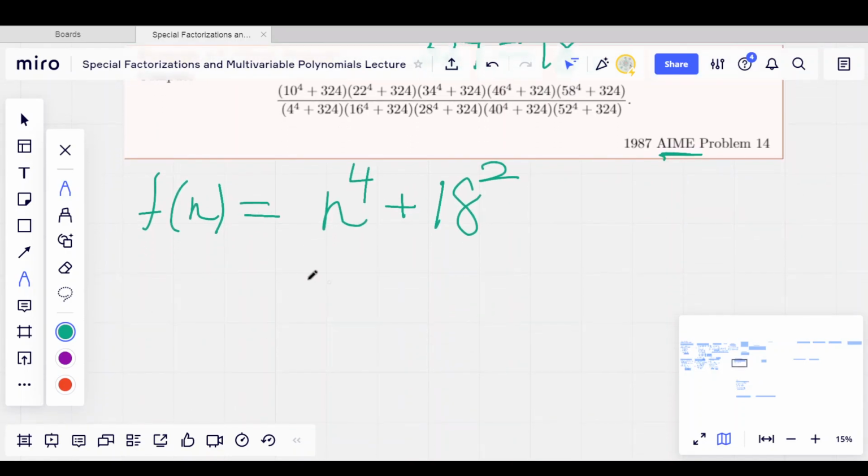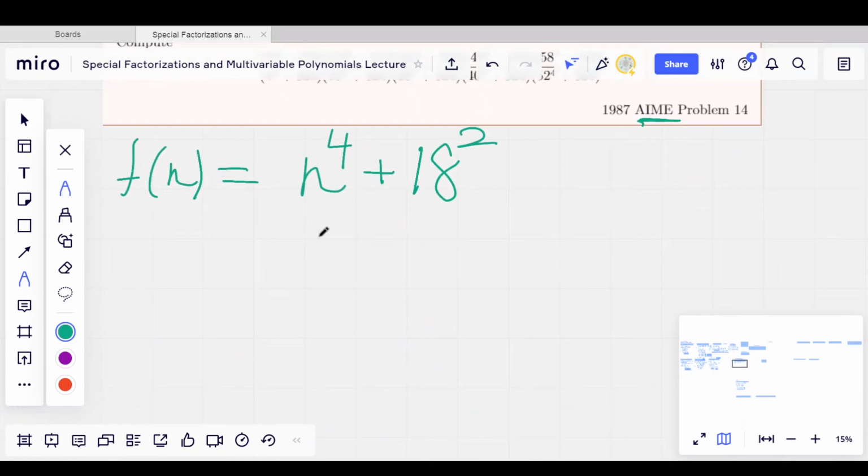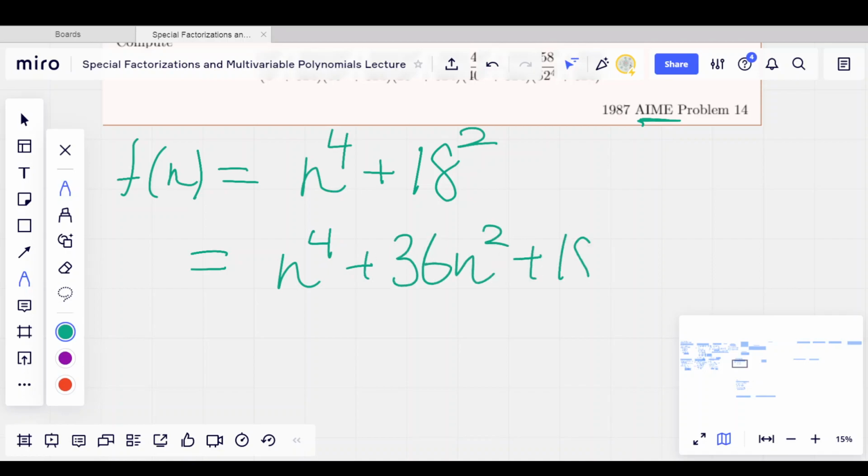So I'll just dive directly into the solution. Since you have these two squares, you're going to complete the square right over here. So you basically add 36n squared to 18 squared, and then subtract 36n squared because it's the same thing. So you have to add the same thing, subtract the same thing, or else it won't be equal to this thing.